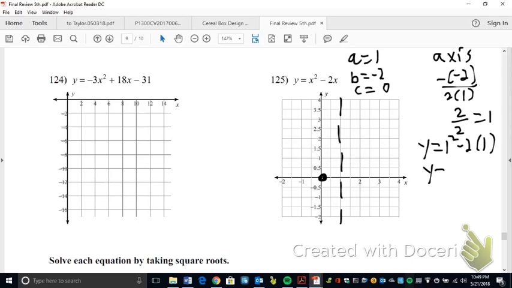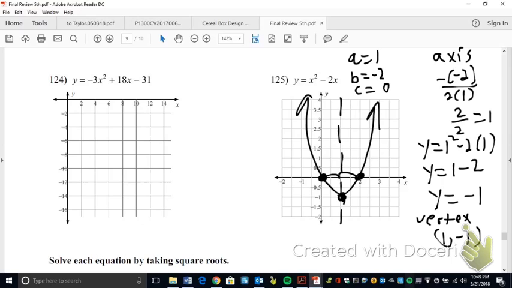So we get 1 squared minus 2 times 1, 1 minus 2, or y equals negative 1. So here, the vertex is going to be at 1, negative 1. And then we want to mirror over the y-intercept. And there you go.